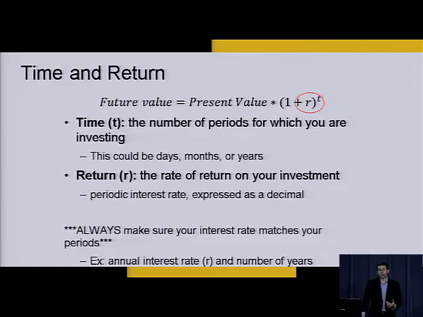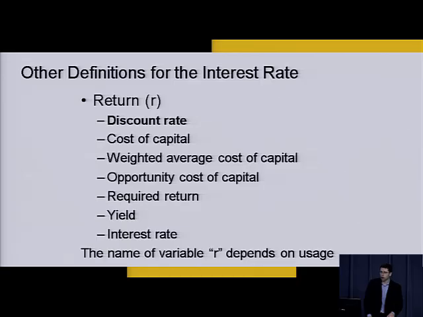We need to make sure that our time variable denotes the same period of time over which we're measuring our return. So, for example, if we have an annual return, then we want to make sure that our time variable denotes the number of years. If we have a monthly return, then we want to make sure that our t is equal to the number of months that we're investing for. So that's very important, and I guarantee you're going to make that mistake at least once in this class. So I just thought I'd warn you ahead of time. Watch out for that. All right.